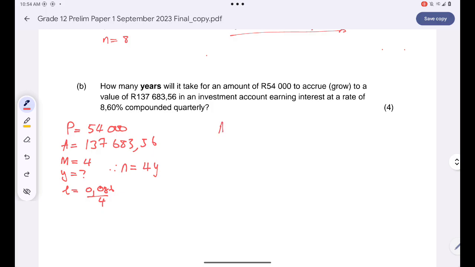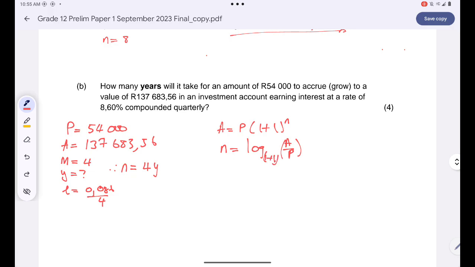Okay, I simply have A is equal to P(1 plus i) to the power n. How can I isolate n? I can simply conclude that n is the log of A over P, with the base 1 plus i.